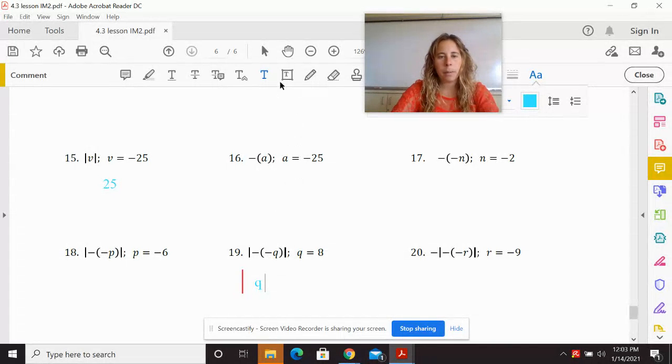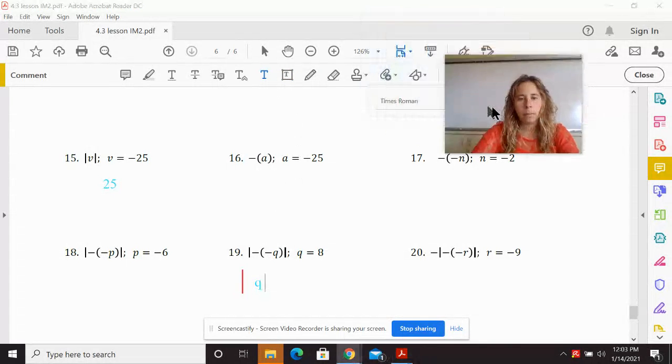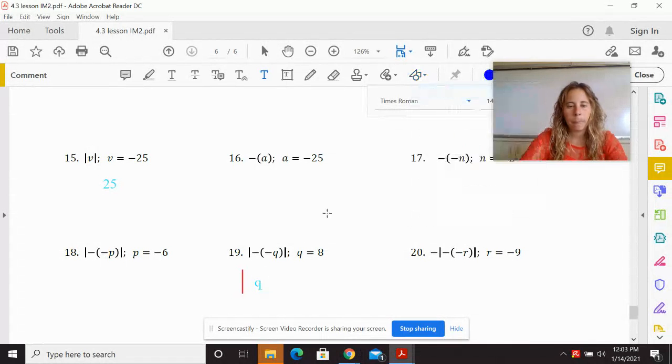So this becomes the absolute value of q. Okay, a negative times a negative. The opposite of a negative is a positive. So q, and then q equals 8, so you're taking the absolute value of 8, which is just 8. So the answer for that one is 8.